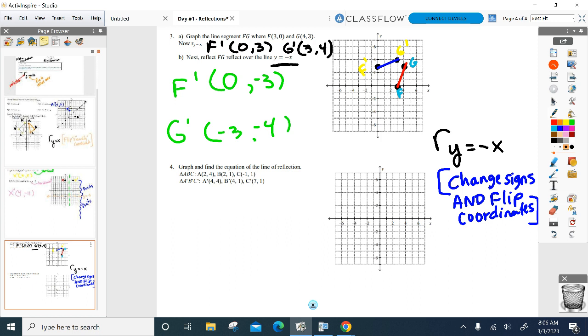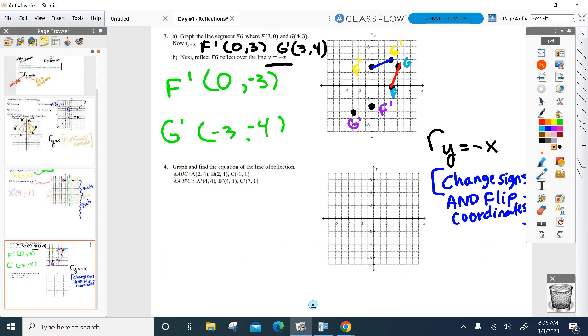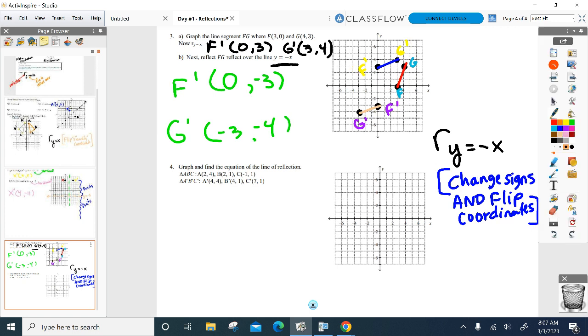I'm going to throw them on the graph here. All good?